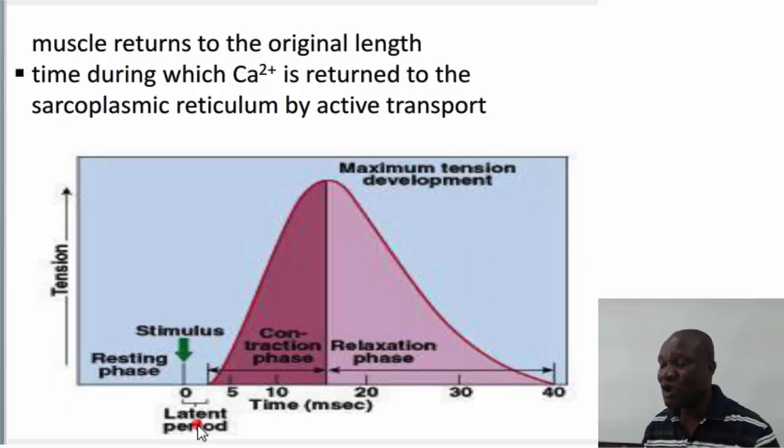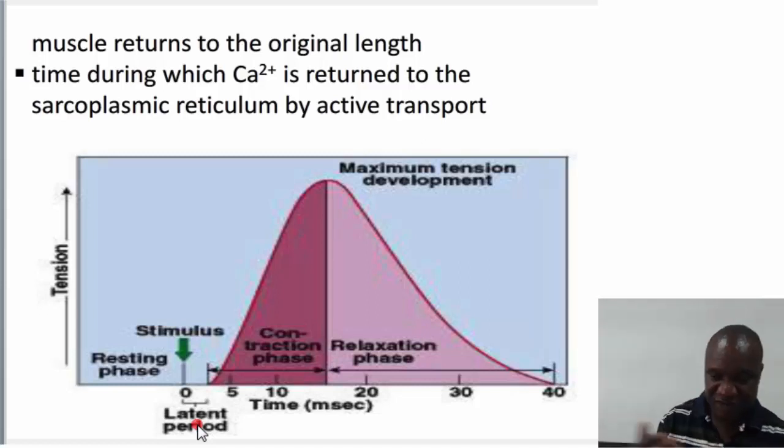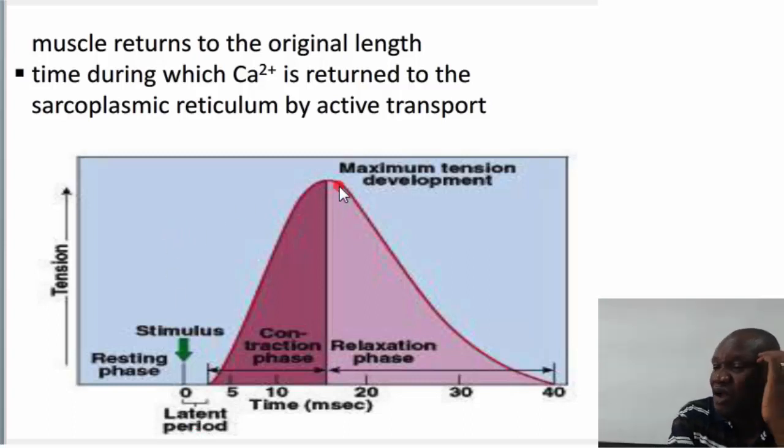It's a period where we have increased formation of cross-linkages between the head of the myosin and the actin filament. So we have the generation of the tension. Then we have the relaxation phase, where the tension that is developed is eased.